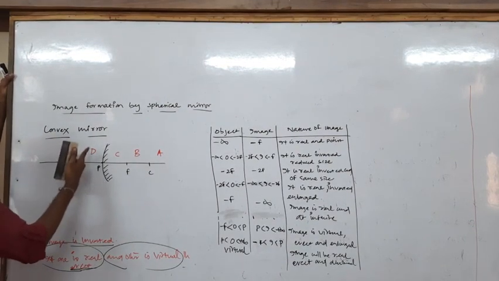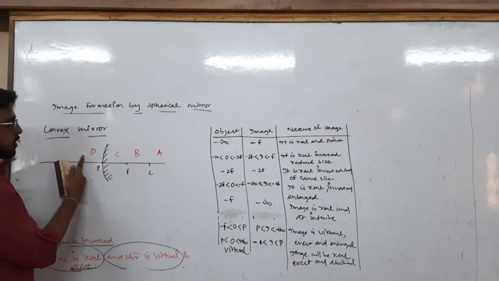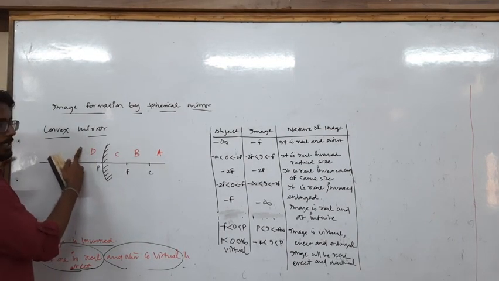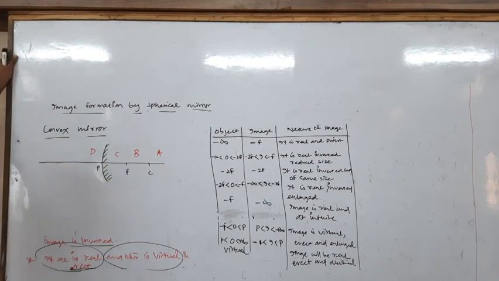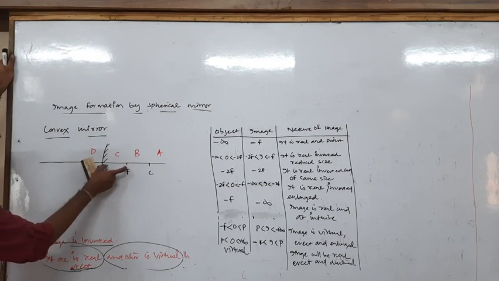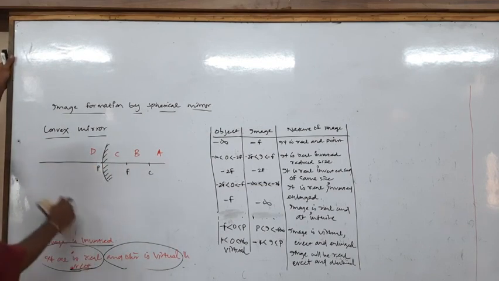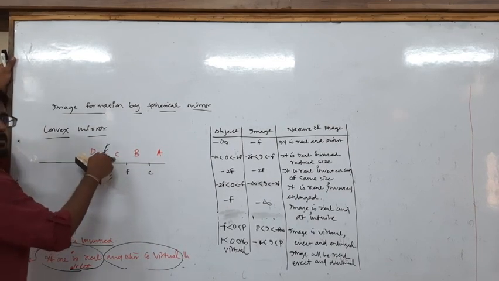Clear? So in case of a convex mirror, if the object is at point D, it will be real and the image will be at point C. So here the object is real and the image is virtual. So the image will be erect, but the region for the image is small, so it will be reduced in size in comparison to the object. But if the object is at C, that means the object will be virtual.